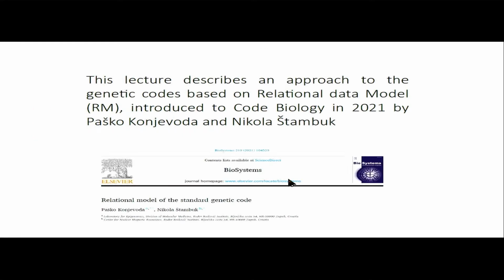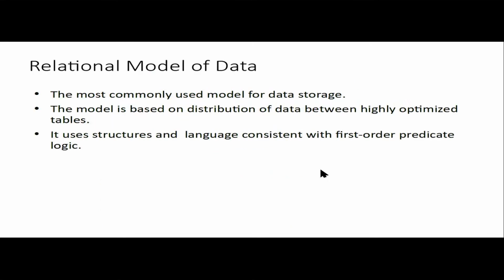In this lecture, we will of course focus on the relational data model and look at those reasons within its frame, and show that it's a general pattern for all codes. The relational model is the most commonly used model of data storage.